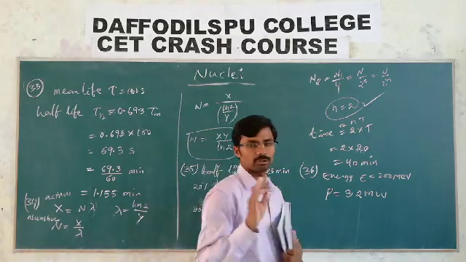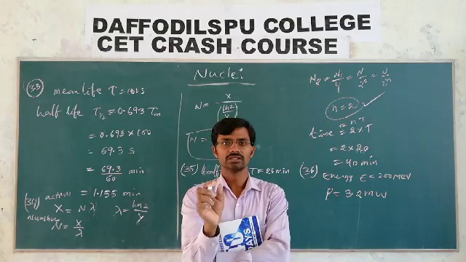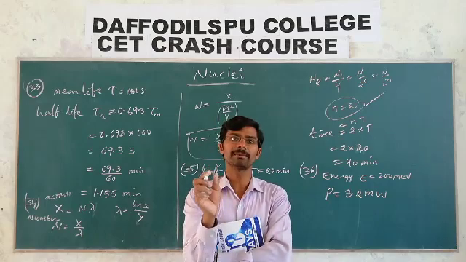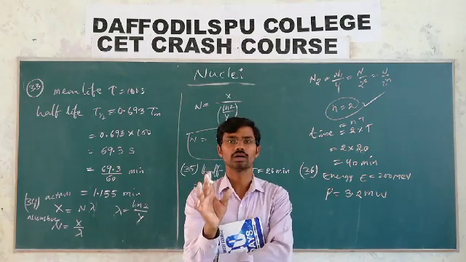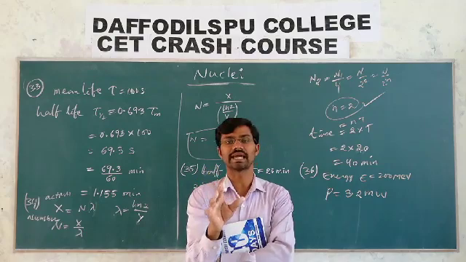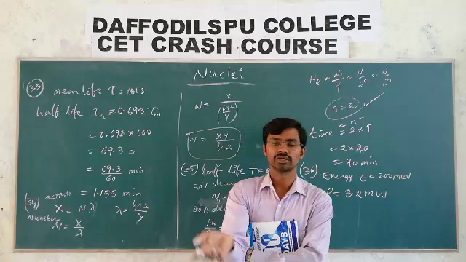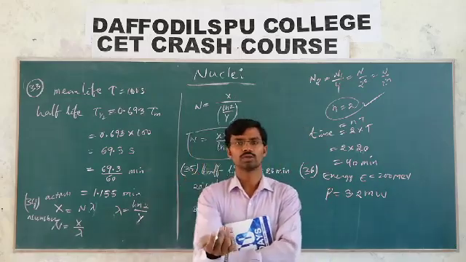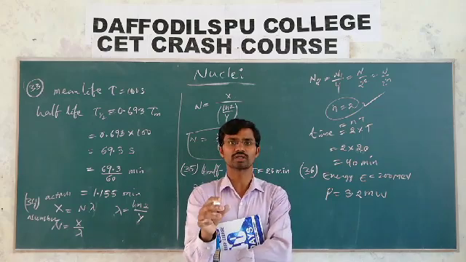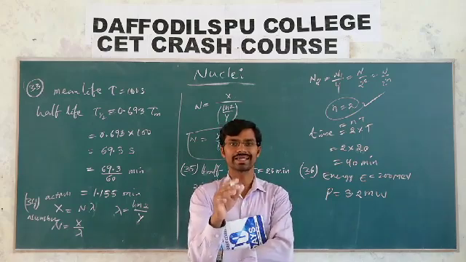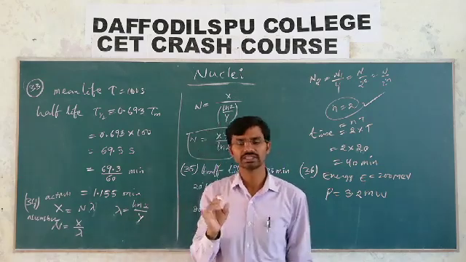Let me recall what we mean by nuclear fission and nuclear fusion. Nuclear fission means when an unstable heavy nucleus splits into two lighter nuclei of identical masses, releasing energy. In a nuclear fission we have neutrons produced, and to control that we have the nuclear reactor, based on controlled nuclear fission reaction.